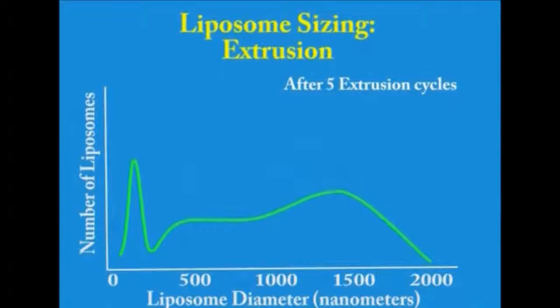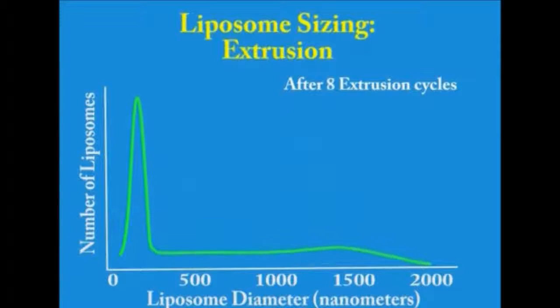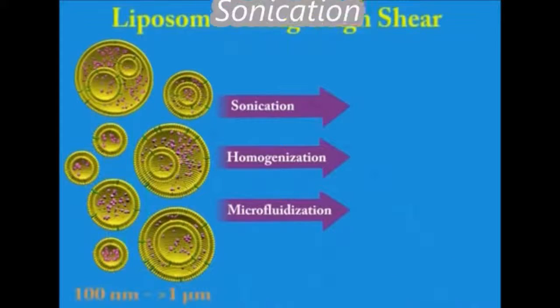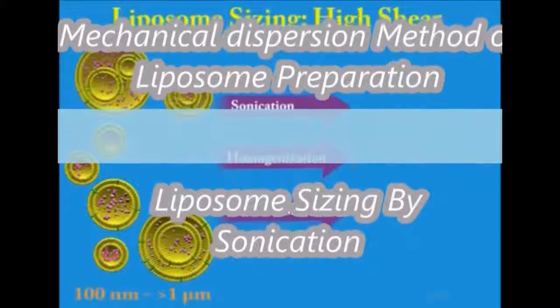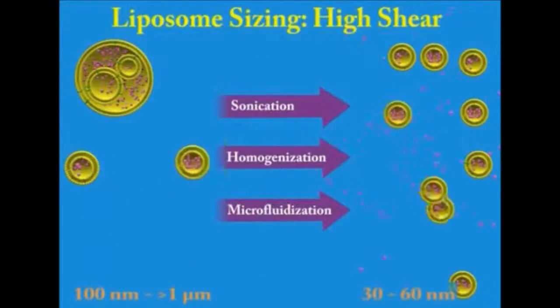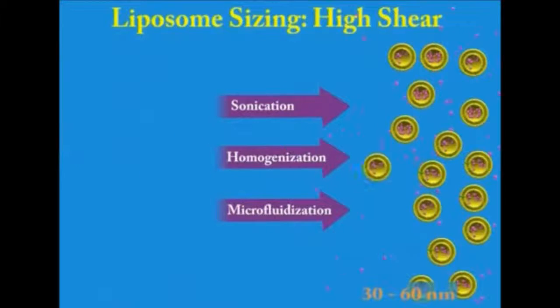Extrusion must be carried out above the phase transition temperature of the lipids in the liposomes. In order to achieve narrow size distribution, the liposomes must pass through the filters 10 times or more. The liposome suspension becomes more translucent during extrusion, indicating that the liposomes are becoming smaller.